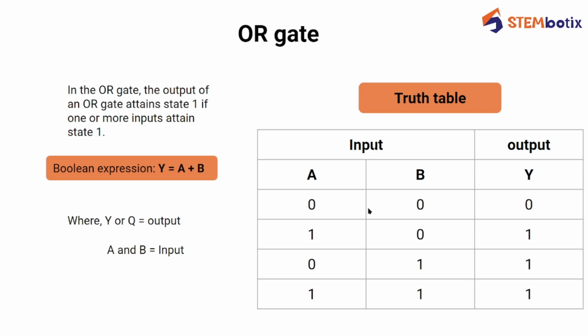Hence, when both inputs are 0, the output is 0. When input A is 1, the higher state, and input B is 0, the output is 1, because 0 plus 1, or 1 plus 0, equals 1. When A is 0 and B is 1, you will have output 1.